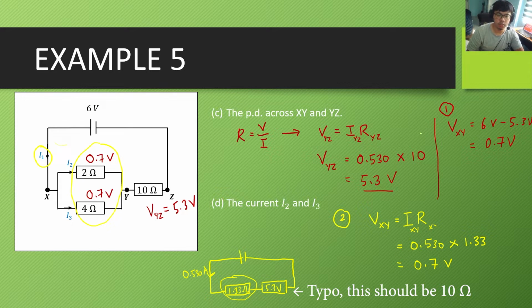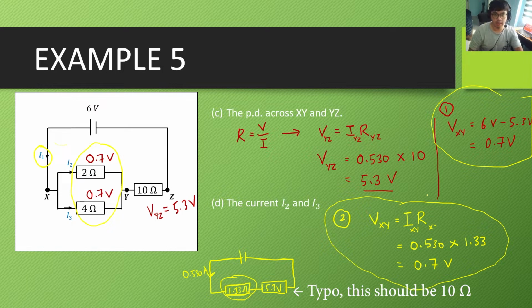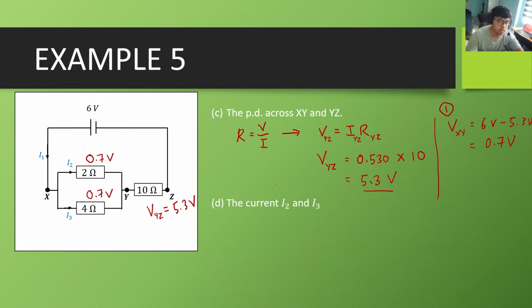If you like to use the method that is mostly knowing about the circuit rule, you can use method 1. But if you like the method where you use the formula, then you use method 2. Either way, it gives you the same answer. D, you are asked to find the current I2 and I3. Again, there are two ways of doing this.